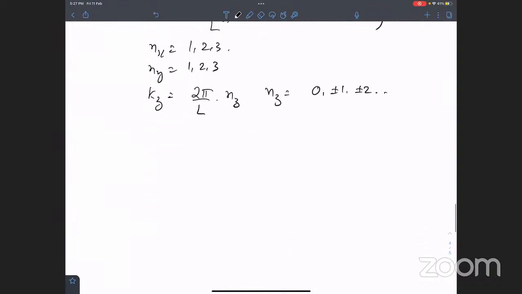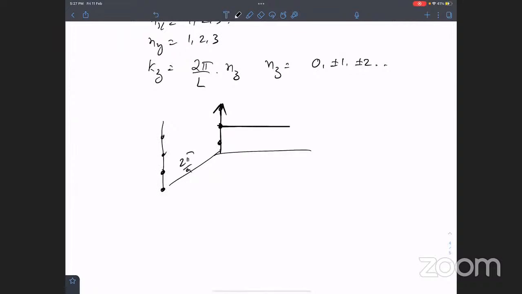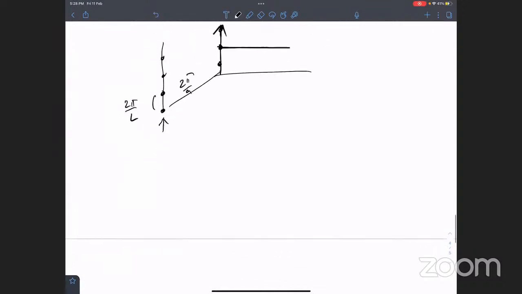In order to count the density of states, imagine how the k space will look. It will be like these forest, right? There'll be states like this, and the distance between these will be 2 pi by a, very large. Distance between individual points will be 2 pi by L. So let us first count along this line, and then we'll add the other contributions.